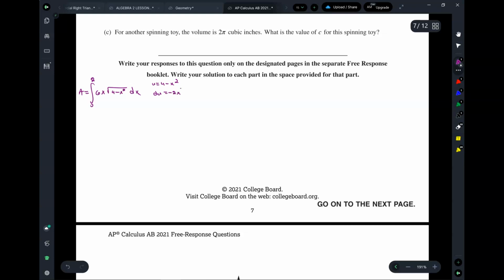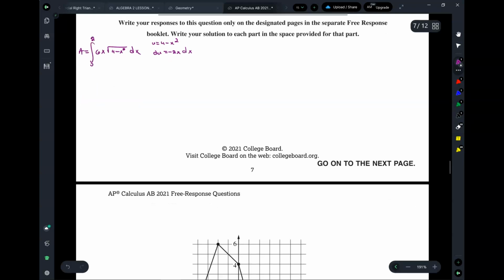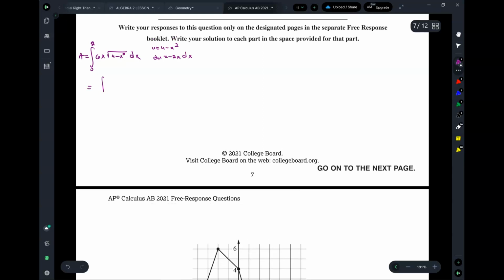du is negative 2x dx. Let's say negative 2, and the limits are 0 to 2. Okay, so now this is going to be the integral, the square root of u, okay, fine, the square root of u.